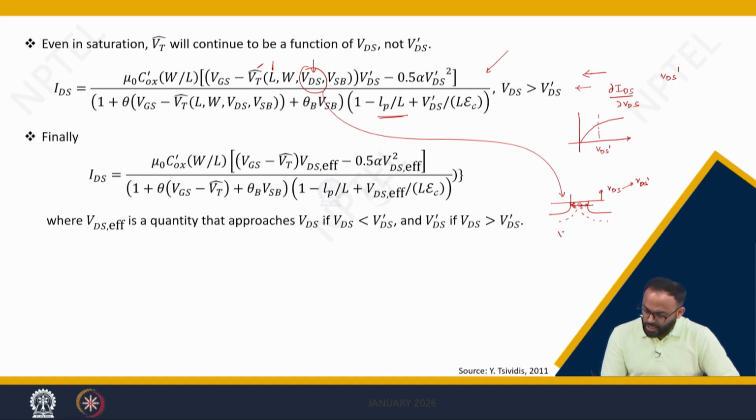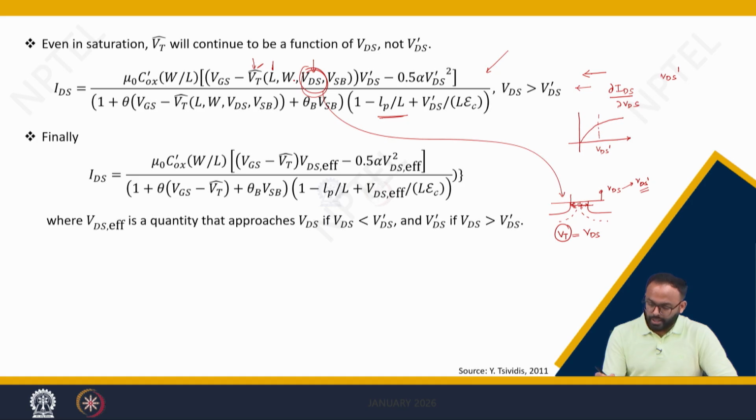That is, the change in the threshold voltage does not depend on whether the VDS value reaches VDS dash or not. For any value of VDS, the threshold voltage is changing in short channel devices. That is what here you can see: the threshold voltage is not a function of VDS dash, but it is a function of VDS.